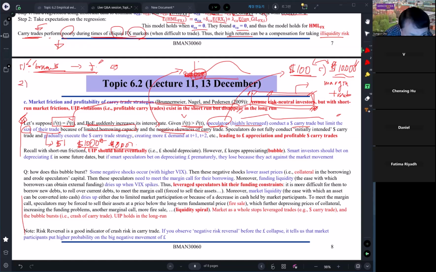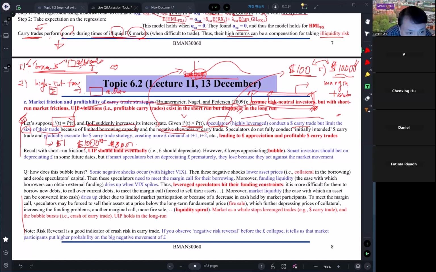Number two, you can also buy high interest rate currency forward, pound forward. Even when you implement carry trade like this, in real practice, you need to put some collateral. When you borrow dollar, you also need to put some collateral. This is the market friction.